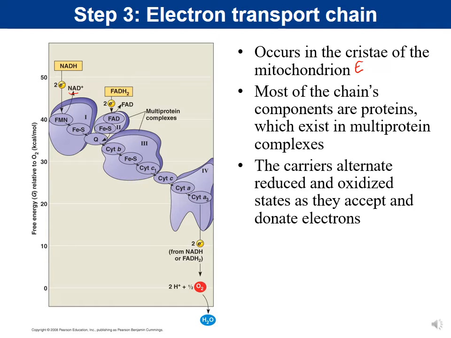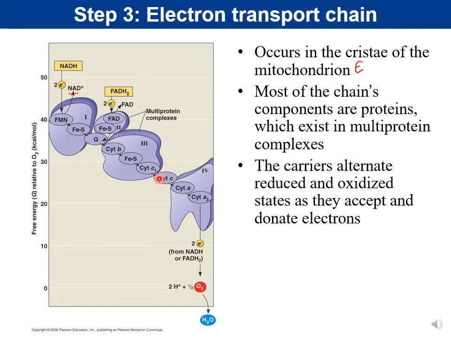So this carrier is more electronegative than this one, which means it has a higher affinity and it's going to pull the electrons from this one. This one is more electronegative than this one. It's going to pull the electrons. This one is more electronegative. It's going to pull the electrons. And so each of these carriers gets progressively more electronegative, which is helping pull the electrons down the chain.